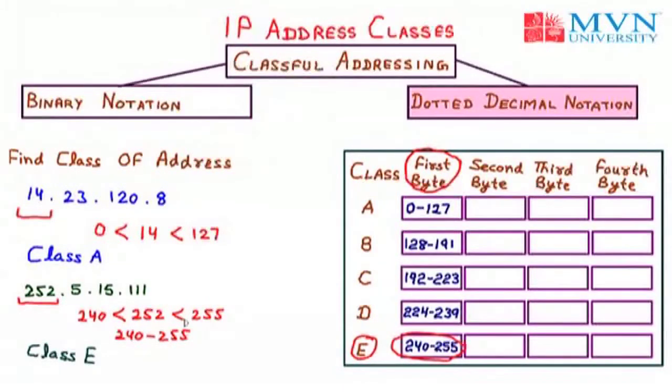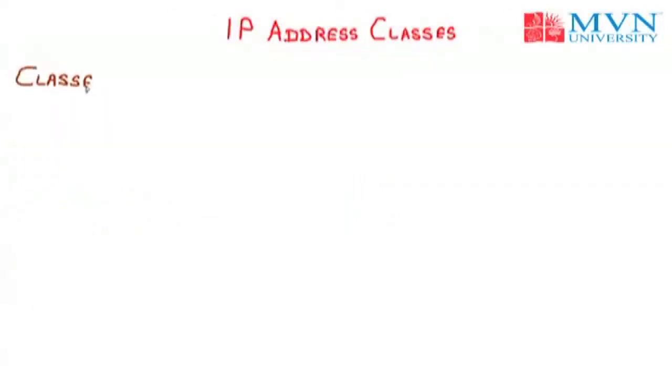Next we will discuss classes and blocks under classical IPv4 addressing. As we know, the classes are A, B, C, D and E, but every class is divided into particular blocks. So let's draw a table to signify all the blocks, their block size, number of blocks and their particular applications.